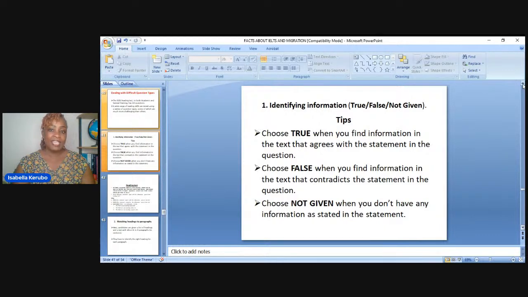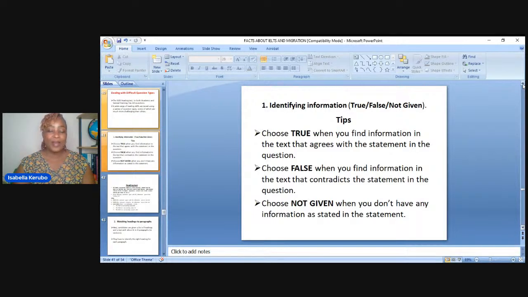Yes, I read that information somewhere in the text, but when you read it in the text, it is not the same way as it appears in the question. Option 3 is not given.